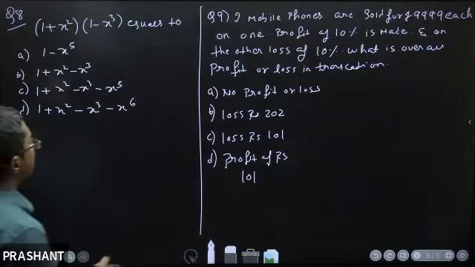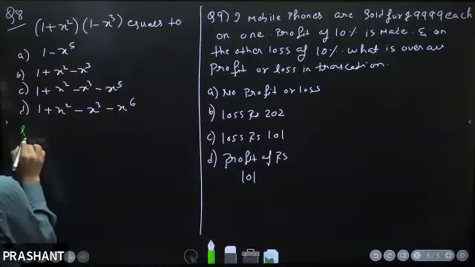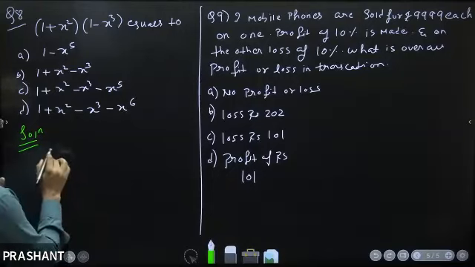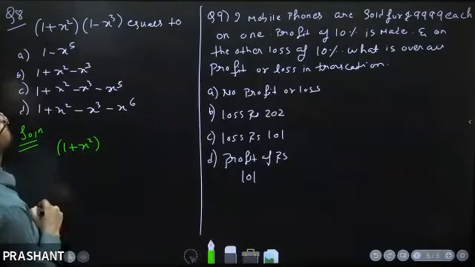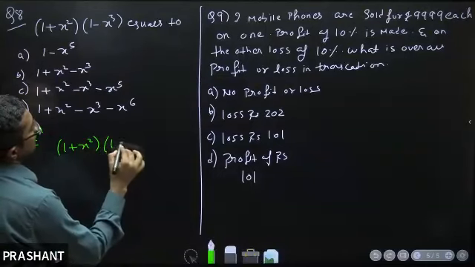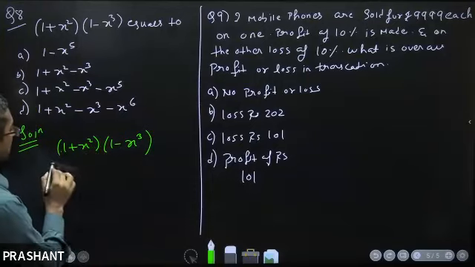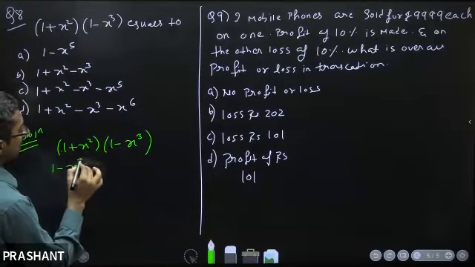So this one is our easy question. You have to just open out the brackets. So what can we do? 1 plus x square and 1 minus x cube, you can open up the brackets. So 1 into 1 is 1, 1 into minus x cube is minus x cube.